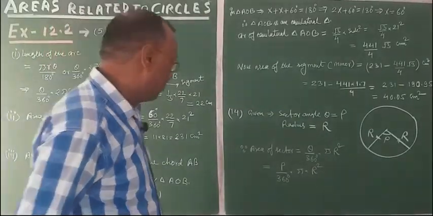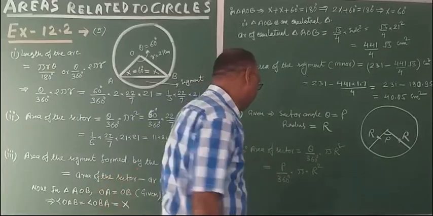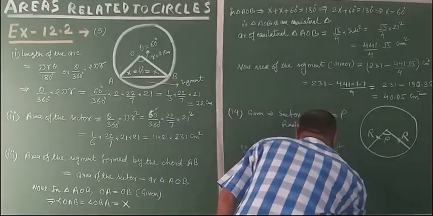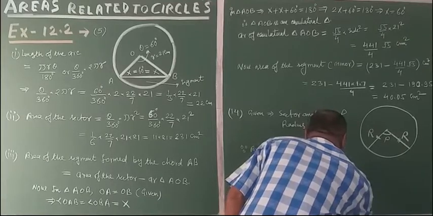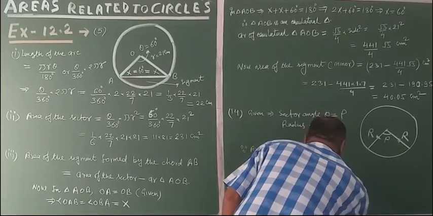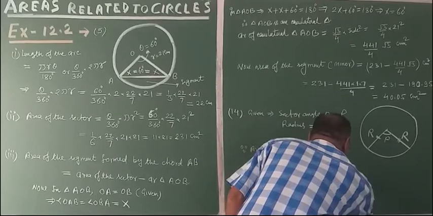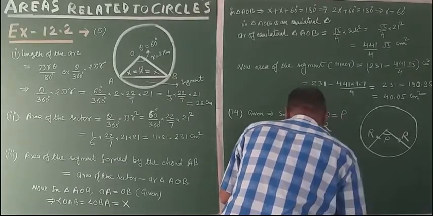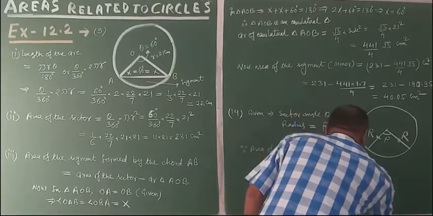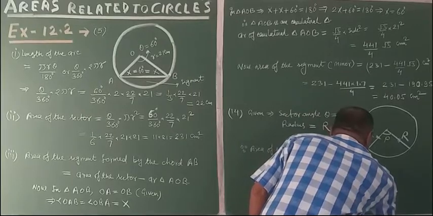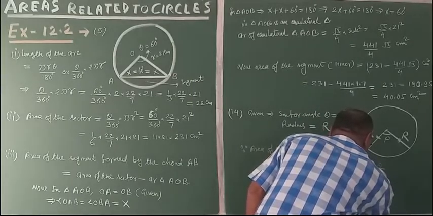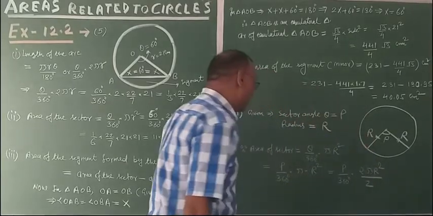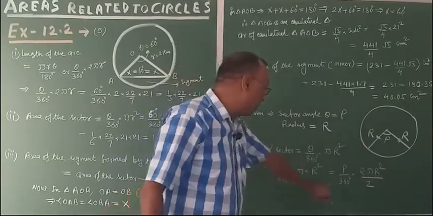Suppose we multiply this by 2. So what will happen? P upon 360 here. And we are multiplying with 2. So this will become 2 pi r square. This is the 2 which is multiplied in numerator and denominator.